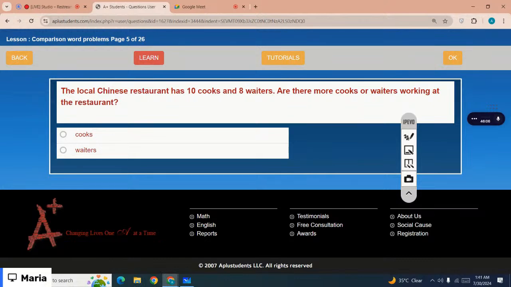They have more cooks. The correct option is more cooks because 10 is more than 8, so they have more cooks.